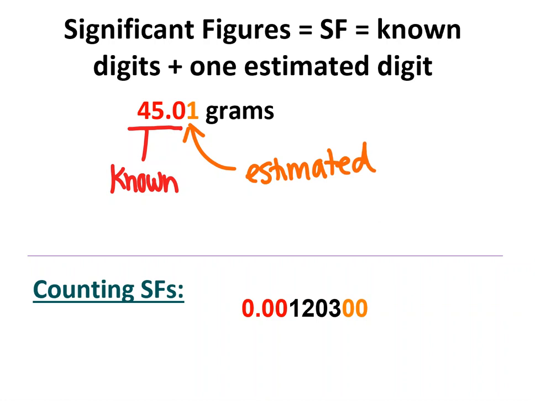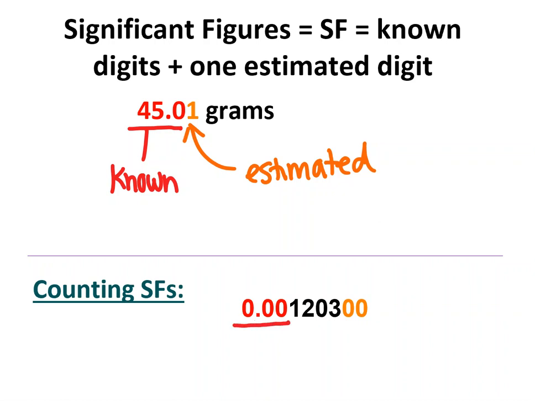Okay, and so that's if you're given a number. Those are significant figures. If you're given a number that has leading and ending zeros, though, it's a little trickier. And so I want to give you these definitions.